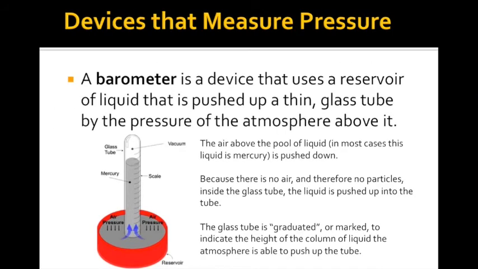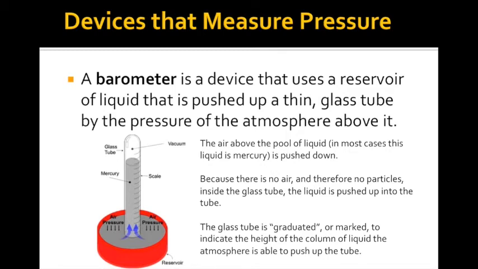Okay, and now some devices that, frankly, this one isn't very important to us anymore. A barometer is a device that's used to measure atmospheric pressure. And basically, it's an evacuated glass tube sitting with the open end in a pool of liquid mercury. And it's important that the tube has no particles in it. It's a vacuum.